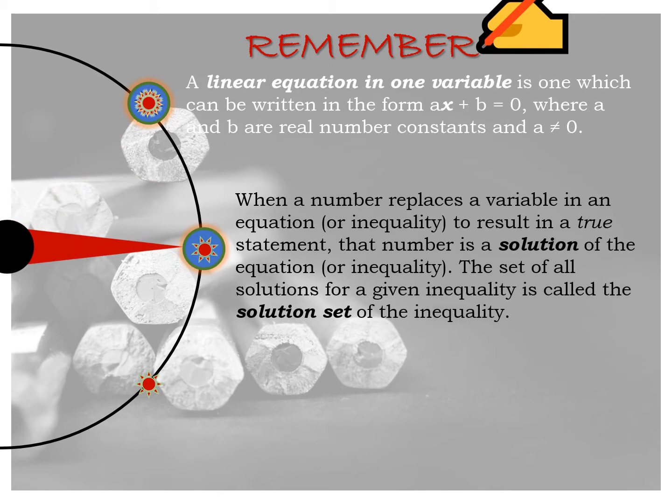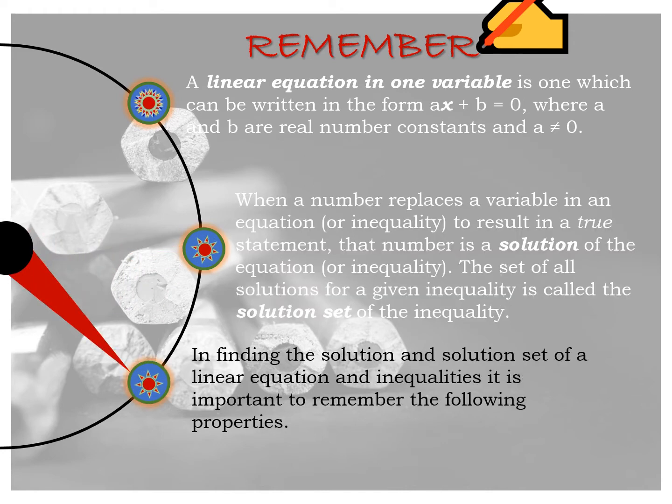When a number replaces a variable in an equation or inequality to result in a true statement, that number is a solution of the equation or inequality. But the set of all solutions for a given inequality is called the solution set of the inequality.